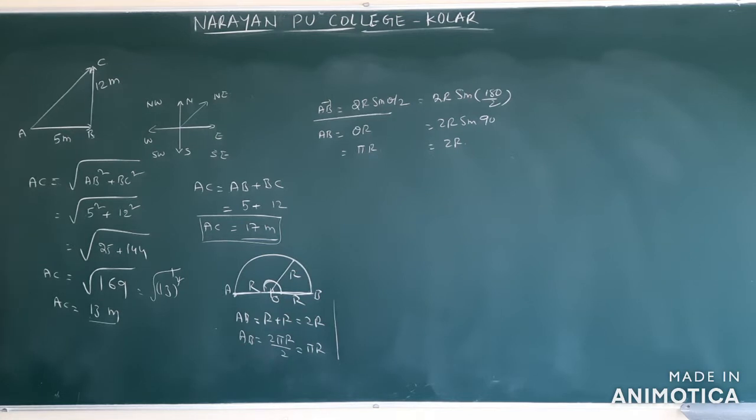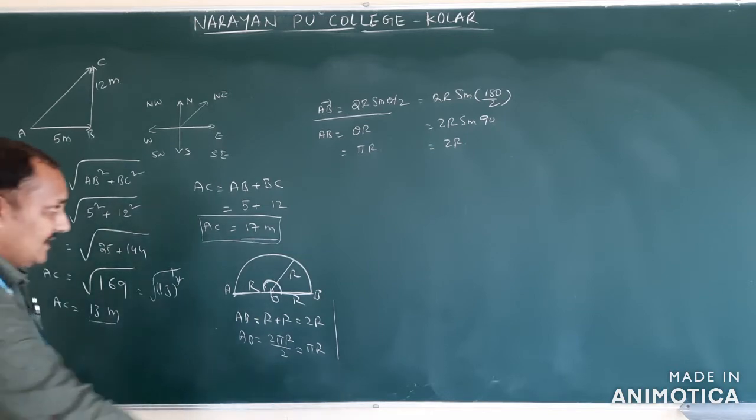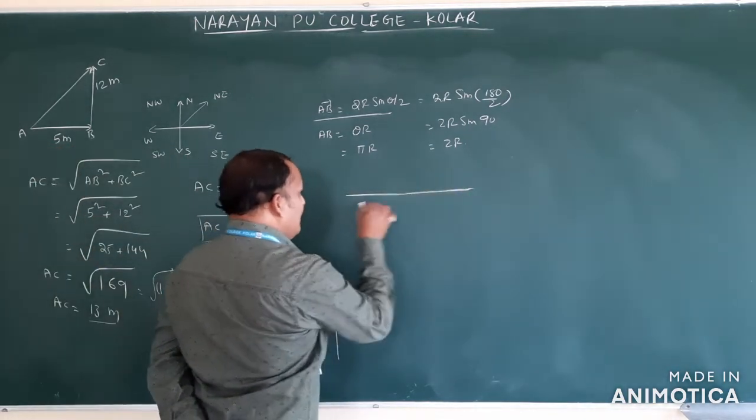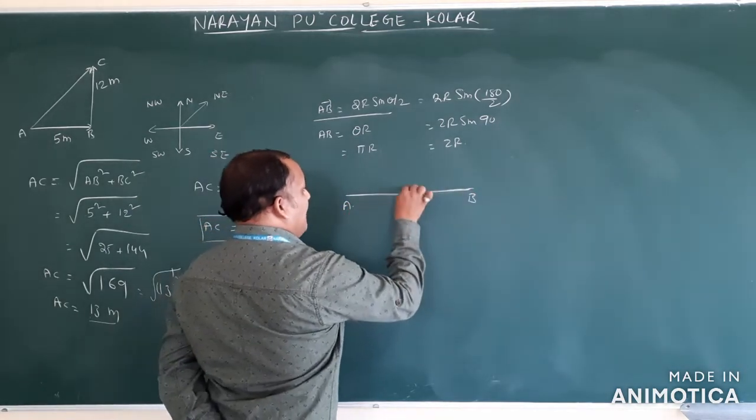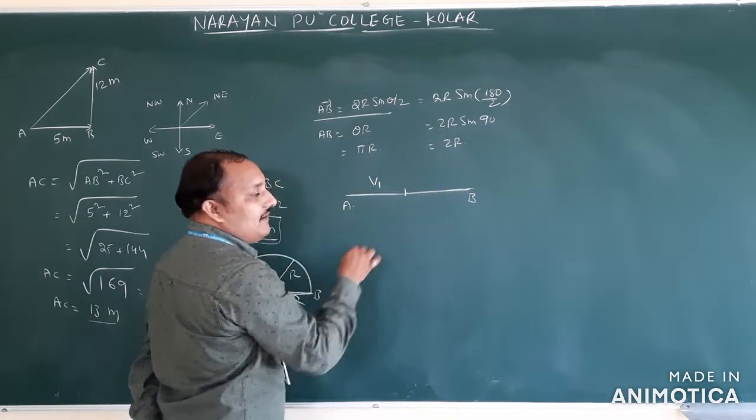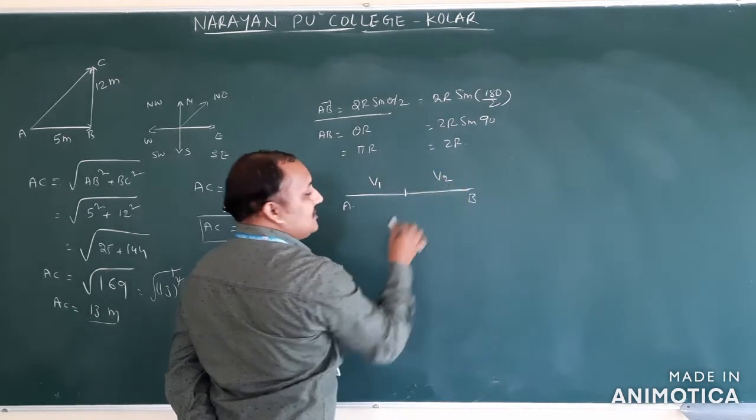I am going for the first case: the first half of the distance with speed v1 and the next half of the distance with speed v2. Already we discussed this one in our PU general classes. I think you might have remembered that formula. Did you remember or not? So A to B: first half of the distance with speed v1, next half with speed v2.